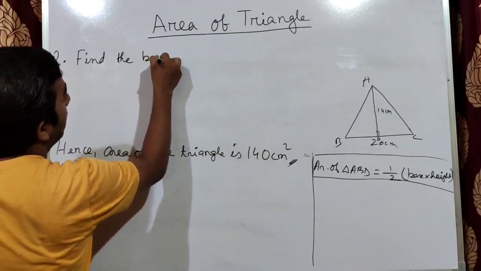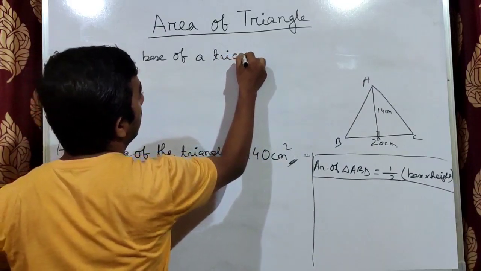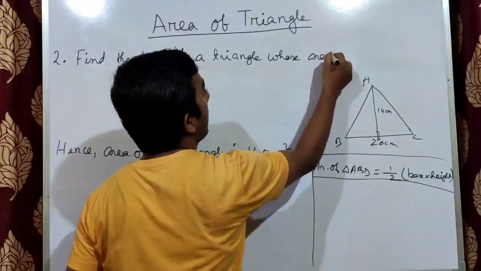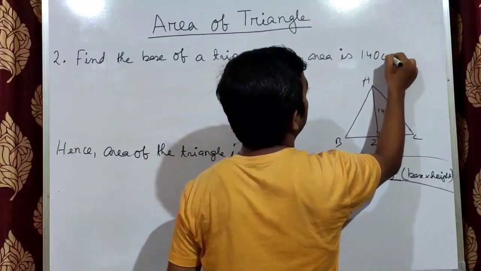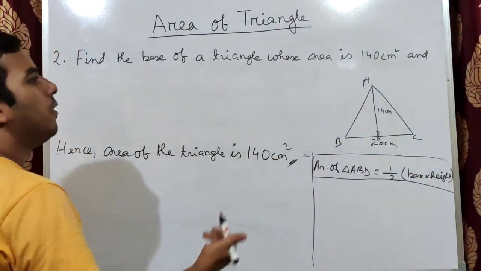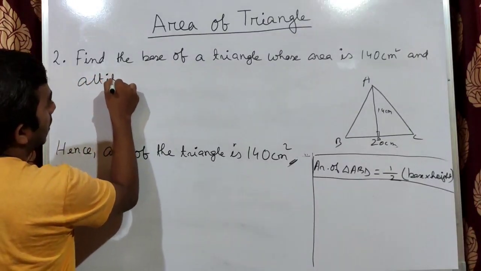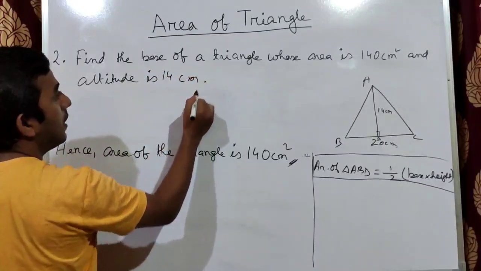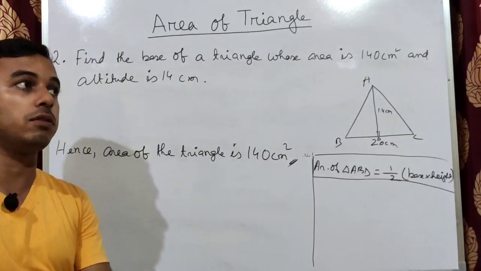Find the base of a triangle whose area is 140 centimeter square, and suppose we consider the altitude is 14 centimeter. Clear? Okay, I am relating the same questions, it will be better for you.